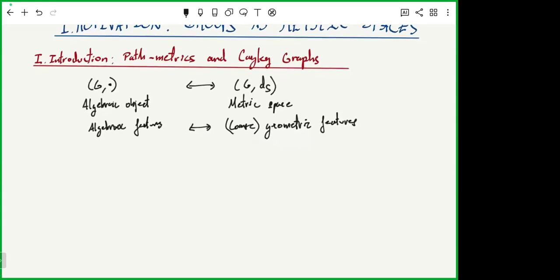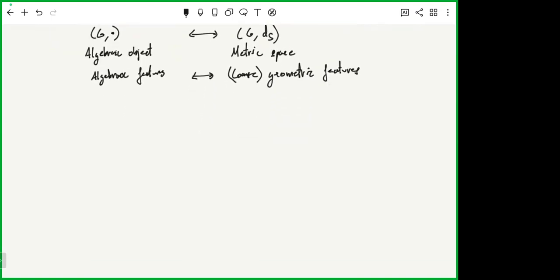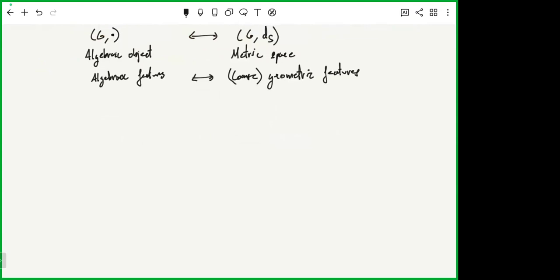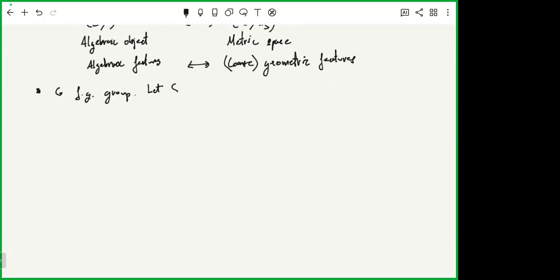So let's start with this. We'll define how to induce this metric space. Now we consider any finitely generated group G. Then it has some finite generating set. So let S be a finite generating set.